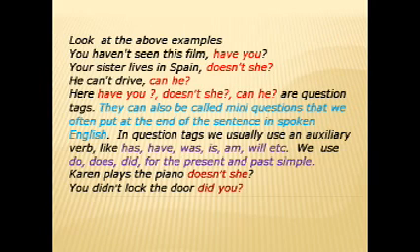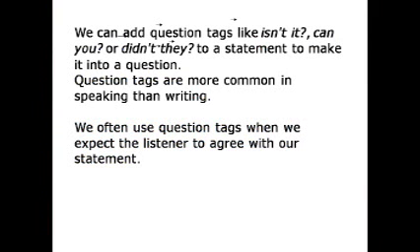Karen plays the piano, doesn't she? You didn't lock the door, did you? We can add question tags like isn't it, can you, or didn't you to a statement to make it into a question. Question tags are more common in speaking than writing.